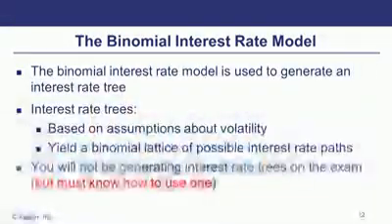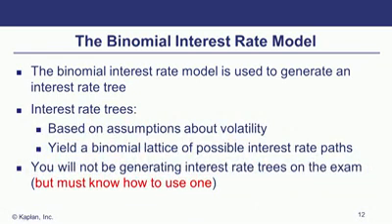The second binomial model we'll look at is the binomial interest rate model. And in this model, we're doing something slightly different. We're basically starting with the 1-year spot rate today, say this is 3%, and based on an assumption of yield volatility, sigma of yield, we then forecast the possible 1-year forward rates 1 year from today.